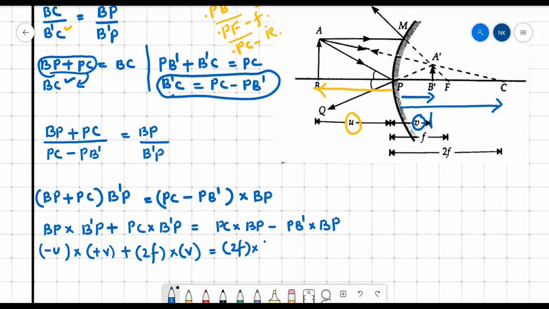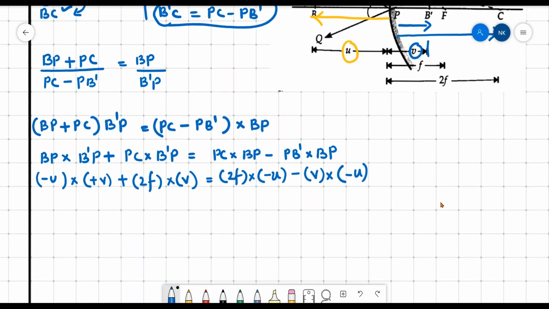We already had a discussion on BP, that is minus of u, minus of PB dash. We already had a discussion on PB dash, yeah, B dash P, that is plus v into BP. BP is towards left, we already had a discussion, that is minus of u. So we are now done with the substitution as well.